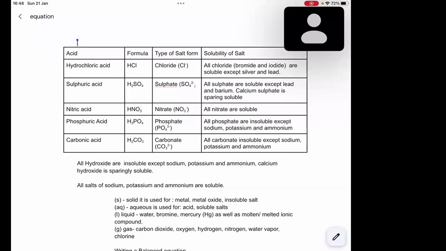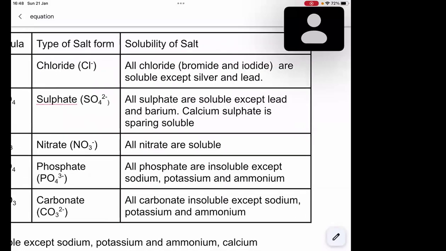Metal oxide we use S, and for insoluble salts, so if you have a salt that is not able to dissolve in water, so over here where it says all chlorides are soluble except silver and lead, silver chloride, silver bromide, silver iodide, we would use an S for it because the salt is insoluble, so it's a solid. Lead chloride, lead bromide, lead iodide, we would use solid.